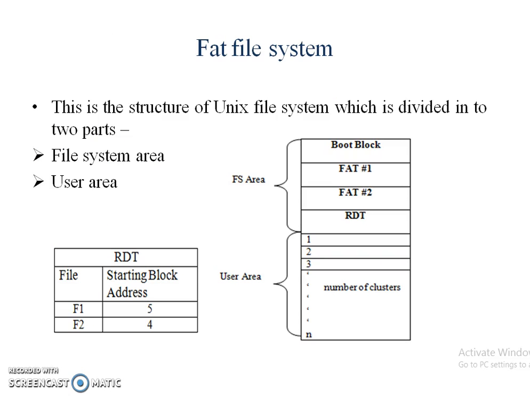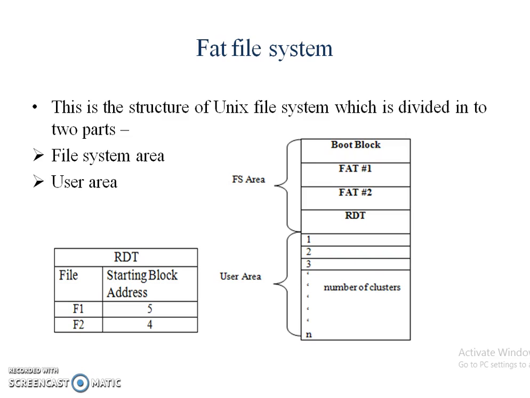Now we switch to the FAT file system. Up to Windows XP, both file systems, FAT and NTFS, were supported, but from Windows Vista onwards, only NTFS is supported. The size of the boot block is 512 bytes.